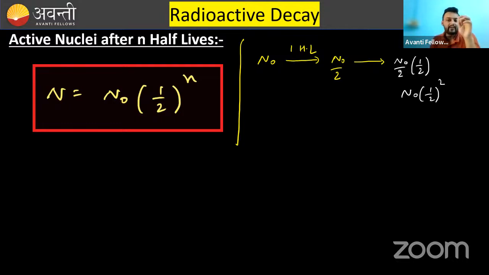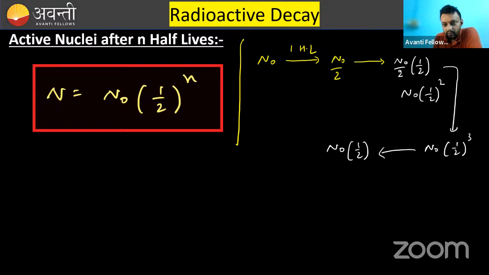So after two half-lives, they are N naught times 1 by 2 square. After another half-life, they will be N naught times 1 by 2 raised to the power 3. Similarly, after n half-lives, they will be N naught times 1 by 2 raised to the power n.